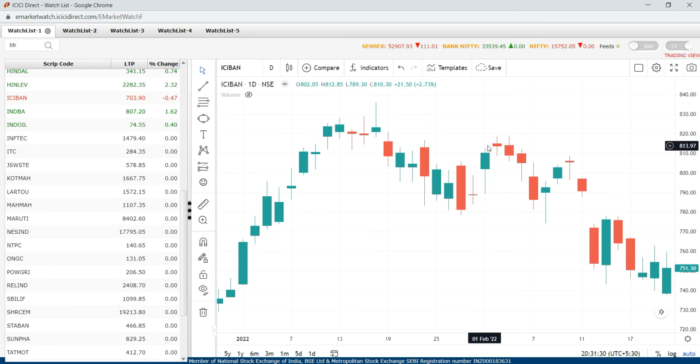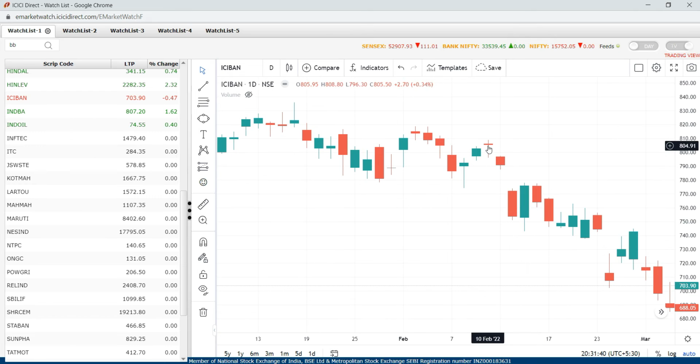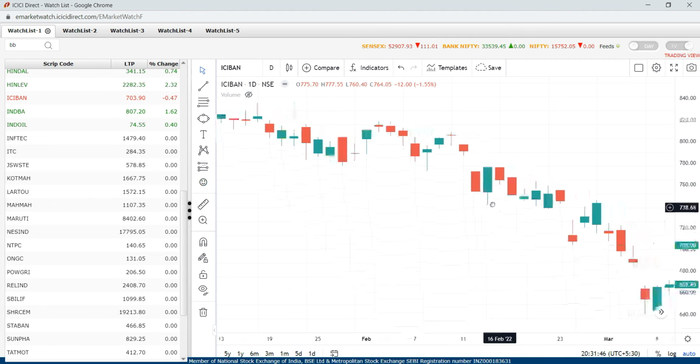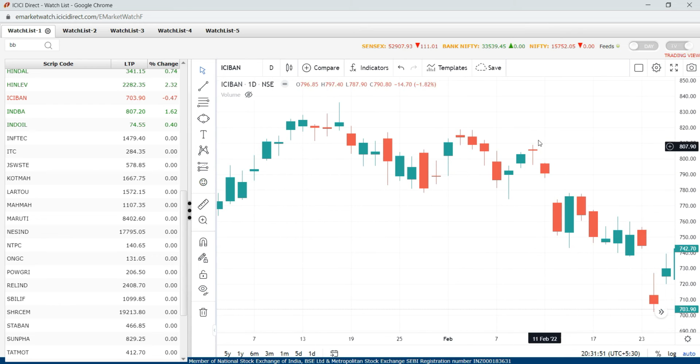As you got two-point connectivity, and after that you find an evening star, you can also take a trade on this. After that formation, you can see the third candle also closed much below the first candle, and the stock has moved down. So you can consider this also as an evening star.